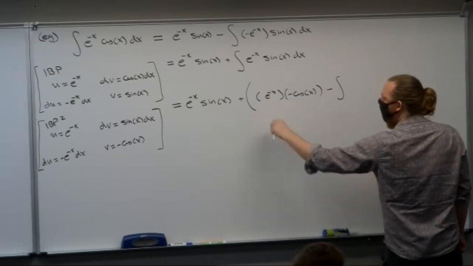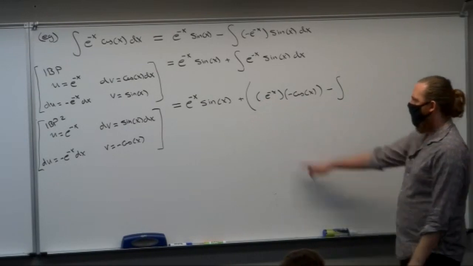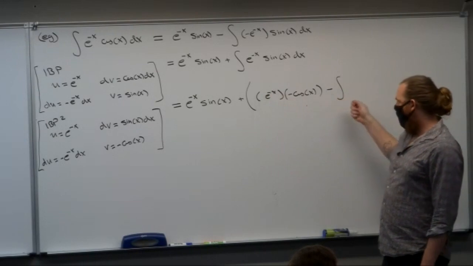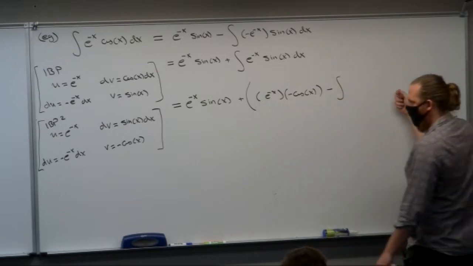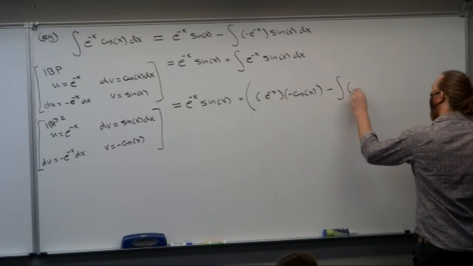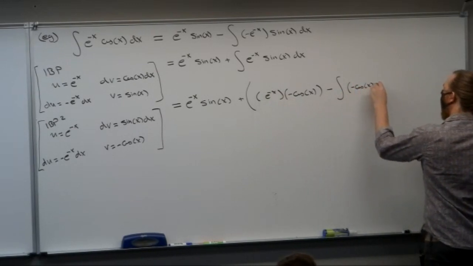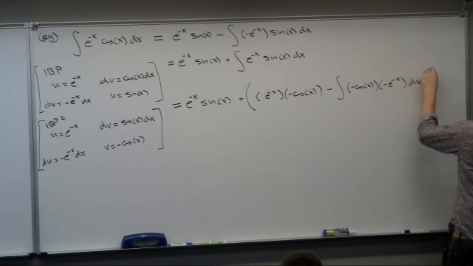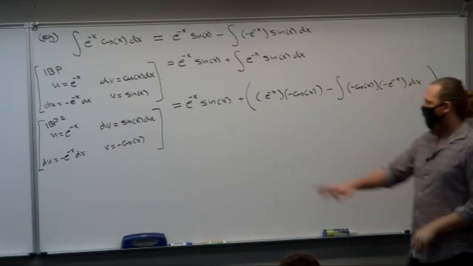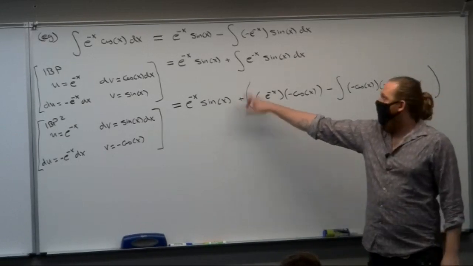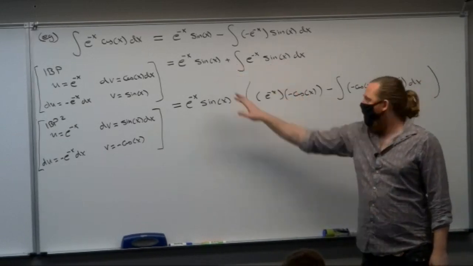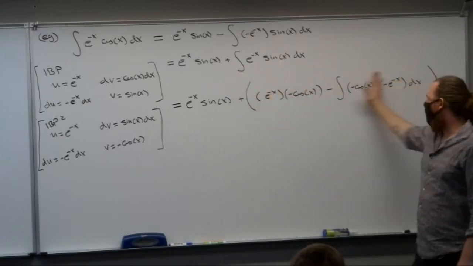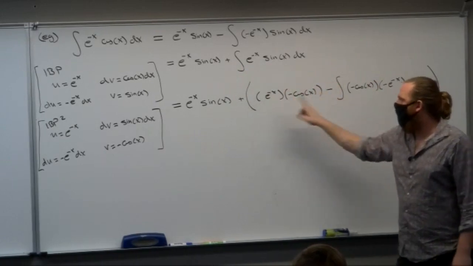This piece is positive. I wrote this as negative the first time, so it's positive. U times v minus the integral of v du, and that's what both will do. Again, it's entirely possible there would be a negative here or a constant that I popped out from here. So anytime you replace in line an integral by its multi-piece IBP equivalent, please put it in parentheses.